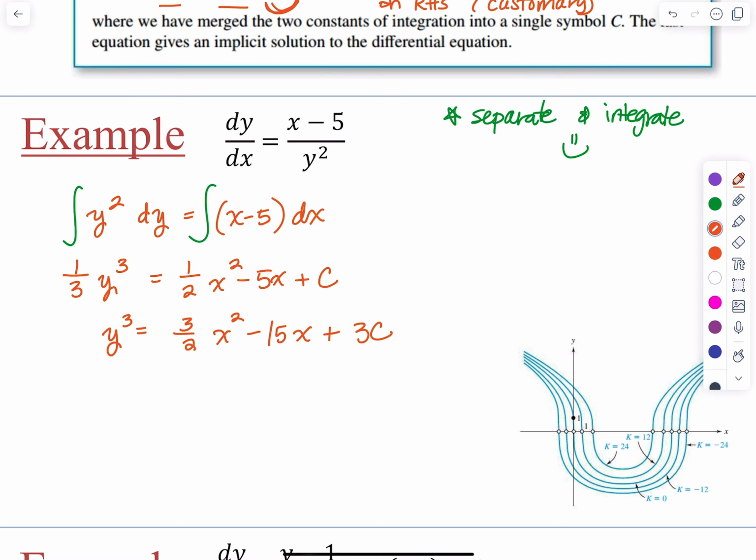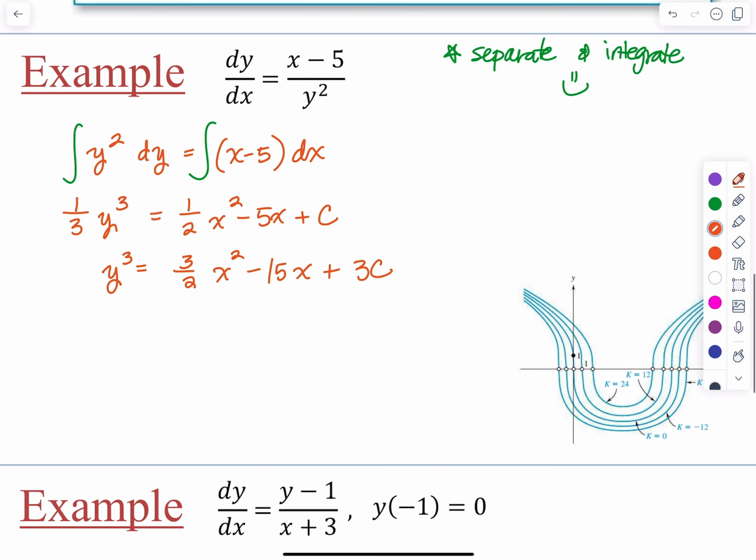And here, this 3c, we'll call that C1, and that's C2. So C2 is equal to 3C1.